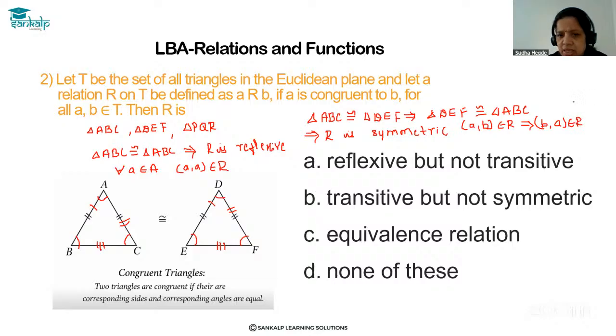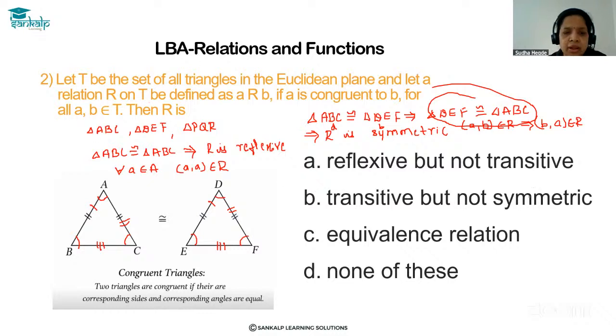In this case, triangle ABC is A, this is B, (A, B) belongs to R. Take the reverse, (B, A) also belongs to R. Correct? Therefore, R is symmetric. Got it?